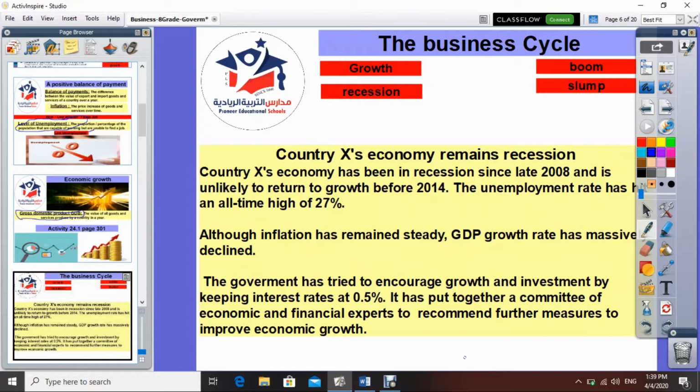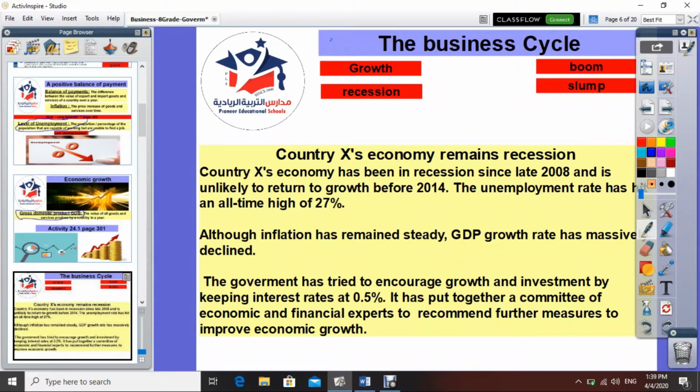Although inflation has remained steady, the GDP growth rate has massively declined. The government has tried to encourage growth and investment by keeping the interest rate at 0.5%. It has put together a committee of economic and financial experts to recommend further measures to improve economic growth.